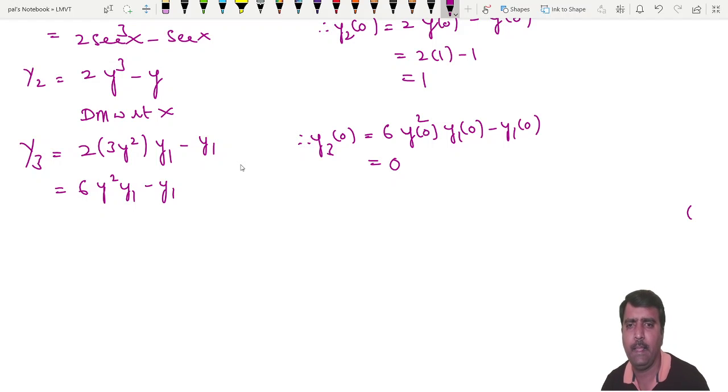Again you differentiate this y3 to find y4.